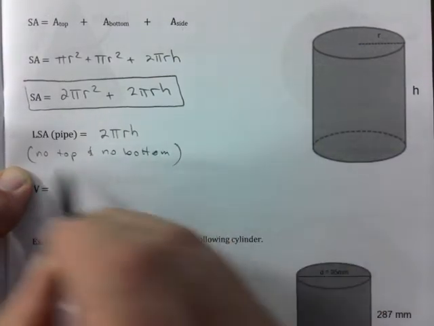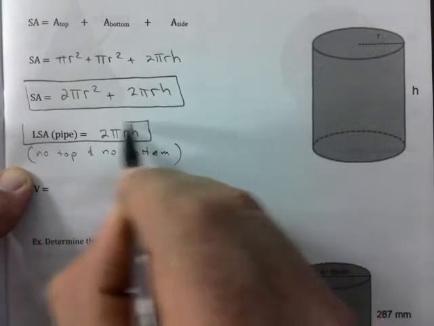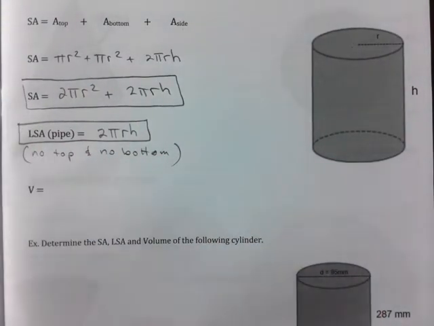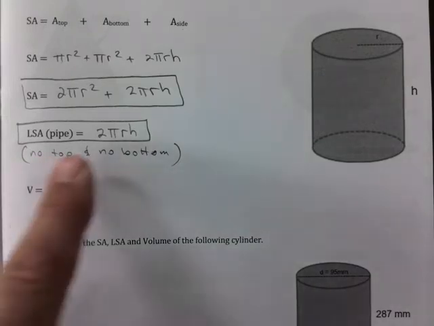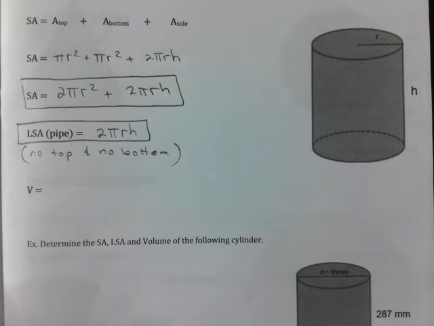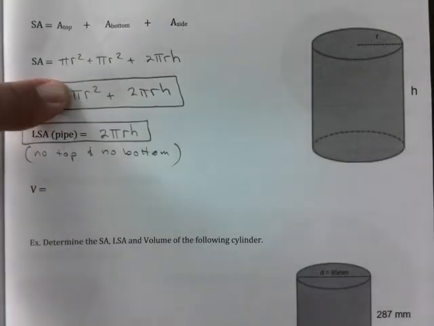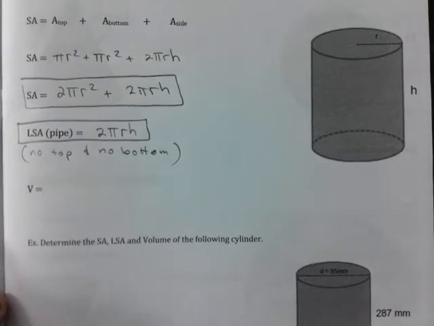If it's a cup, obviously a cup would have one end closed, so you would have to know the variation there. It would just be pi r squared plus 2 pi rh, if it's a cup. So careful there.